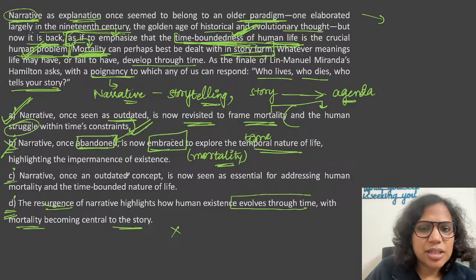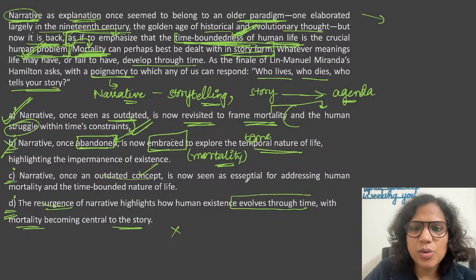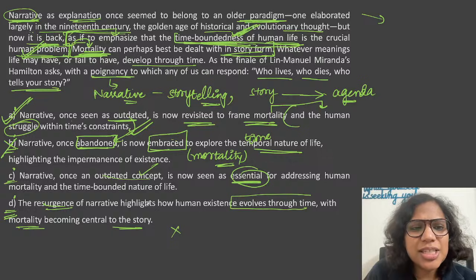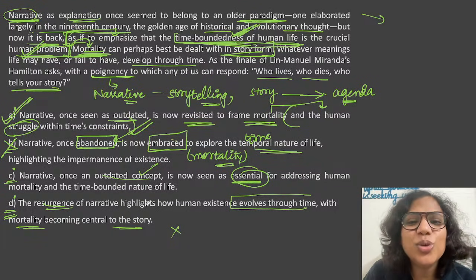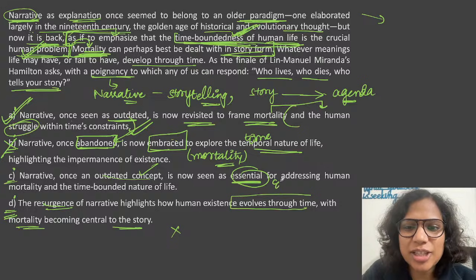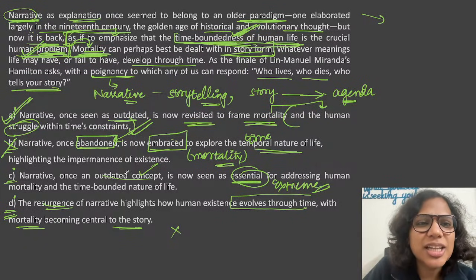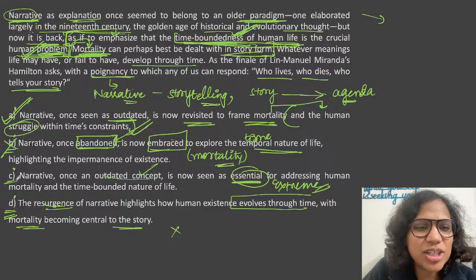C says it was once seen, ठीक है यहाँ पे सही है, is now seen as essential for addressing human mortality and the time bounded nature of life. Okay, so now this here is also not capturing the tone that well. Also essential एक तो extreme है, ऊपर से जो tone है human problem, ठीक है, वो वाली tone capture नहीं हो रही है.